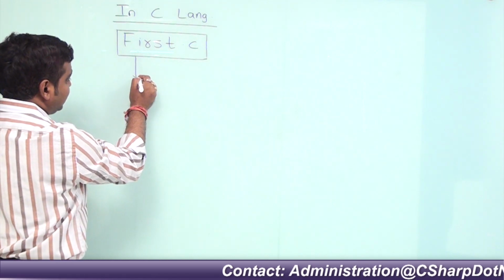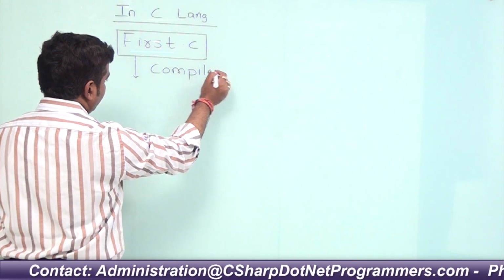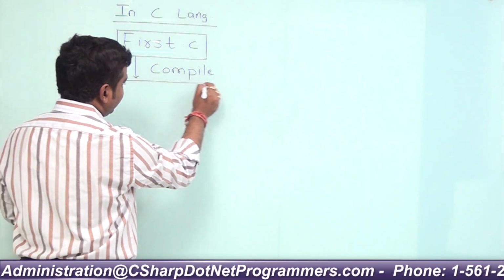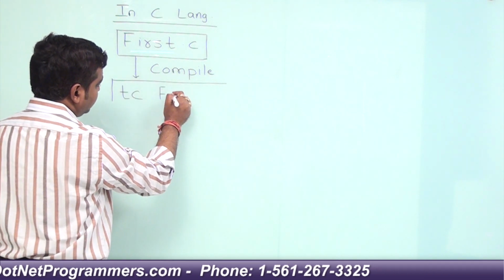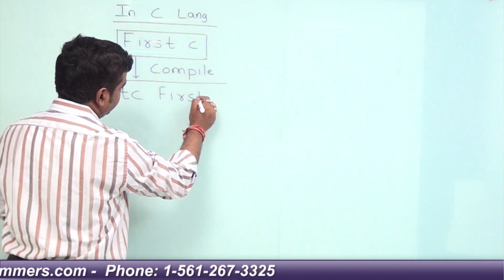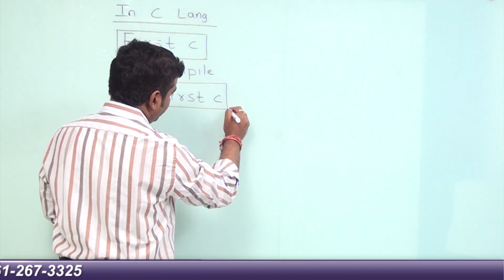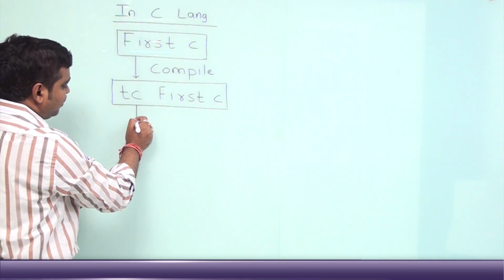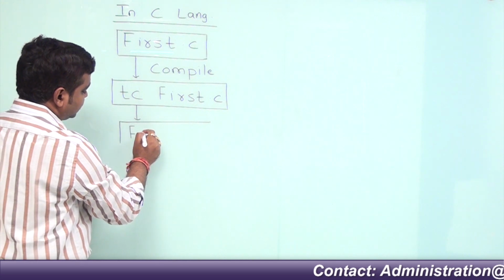We try to compile this program with the support of a C language compiler, for example tc first.c. Once I compile this particular program, I get a file with a name called first.exe.